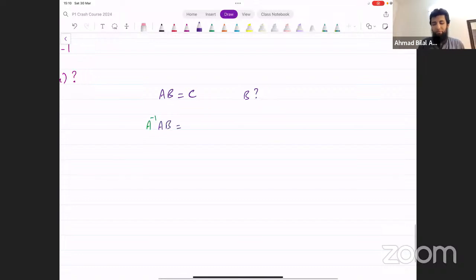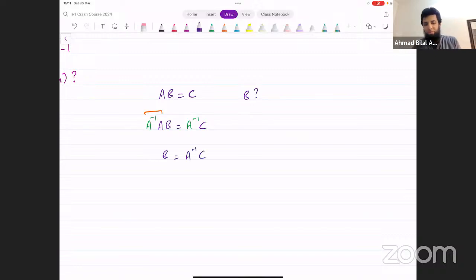And then you have A inverse into A into B. On the right side, you would do the same thing. It would become A inverse multiplied by C. And now on the left side, since you have A inverse into A, they're inverse of each other. They sort of get canceled out. It becomes an identity matrix. So it gets eliminated, and we're just left with B. B equals A inverse of C.